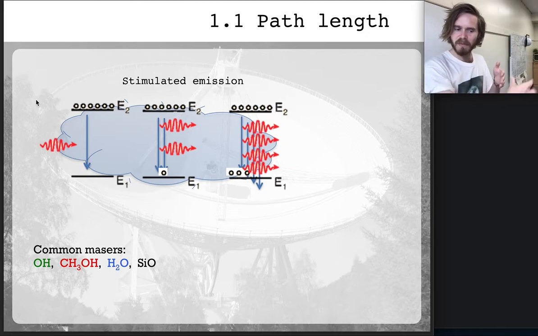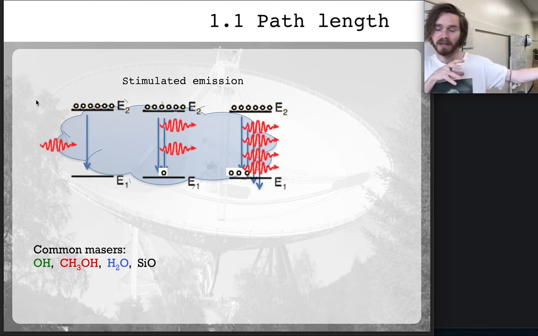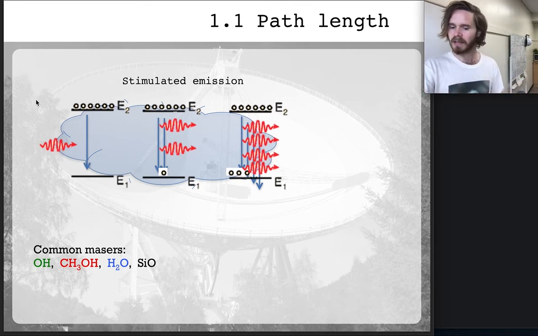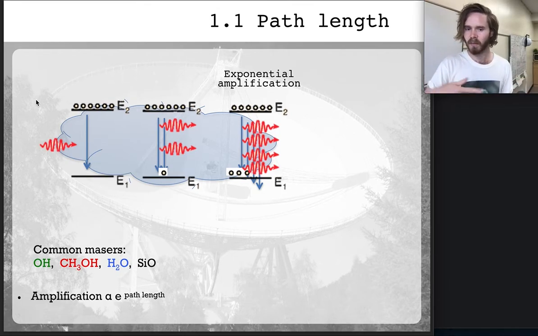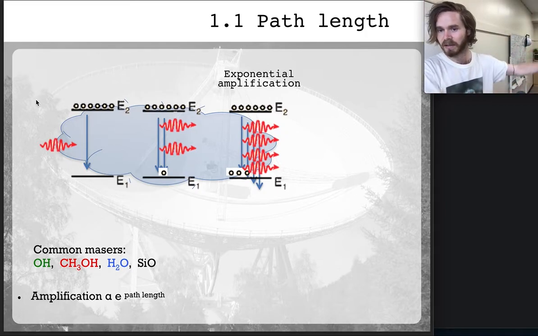If you have more and more gas, if your maser cloud is very long, you can do this more and more and more times until you end up with a very, very bright output coming out of your maser at the other end. So you have 1 photon coming in at one end, and then bazillions of photons coming out the other end.